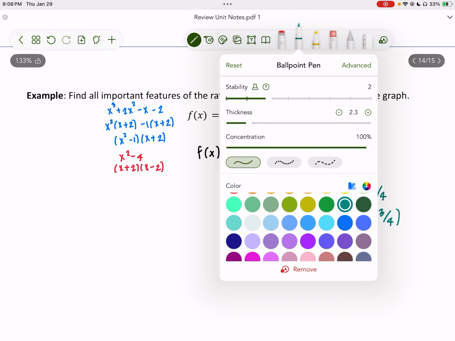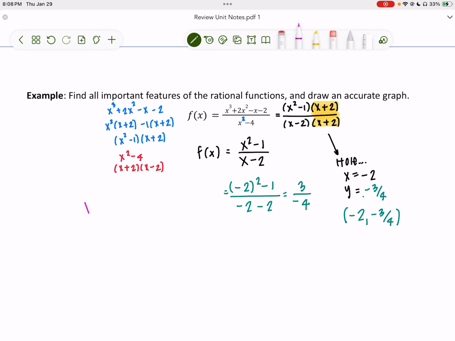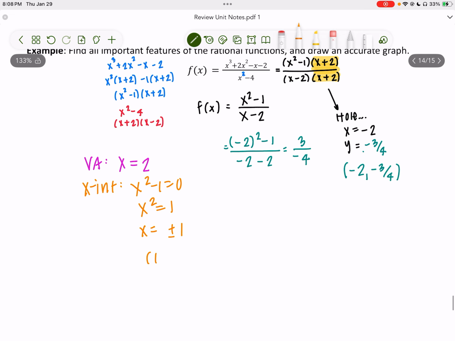Now we can find everything else. Same as before, the vertical asymptote, easy breezy. We'll set the denominator equal to 0 and solve. Our x-intercept, we'll set the numerator equal to 0 and solve. We'll have two x-intercepts like before. So 1, 0, and -1, 0.